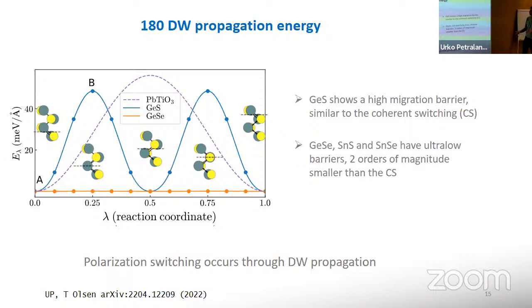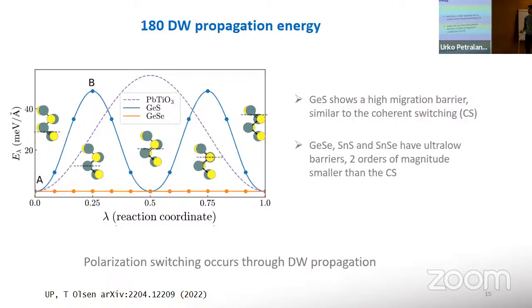So if we take that high value of the coherent switching and then go to germanium selenide, it's very clear that the system will prefer to slide the domain wall, which is 2 orders of magnitude cheaper than moving the whole material from one side to the other. So from here, we think we can conclude that for low anisotropic materials, at least for the experimentally existing materials, tin selenide, tin telluride, the polarization switching happens through domain wall propagation and not through coherent switching.